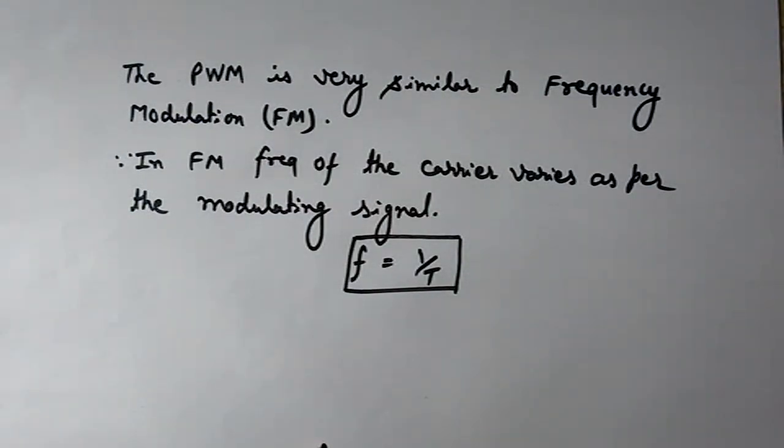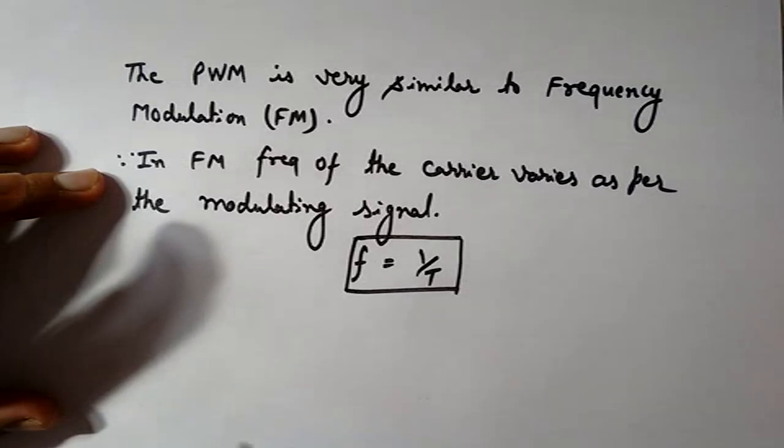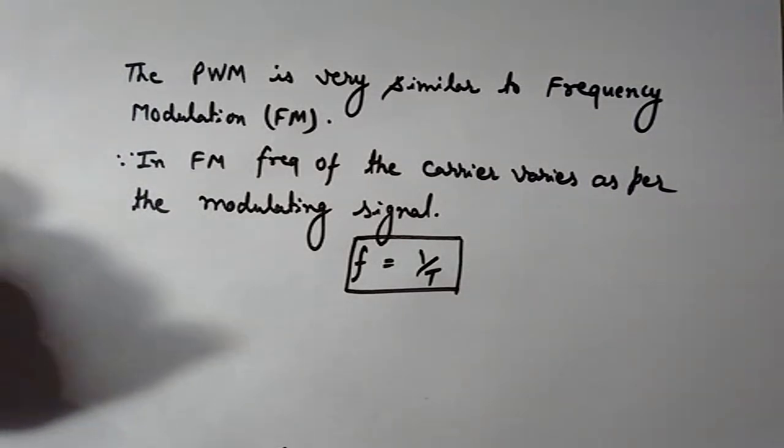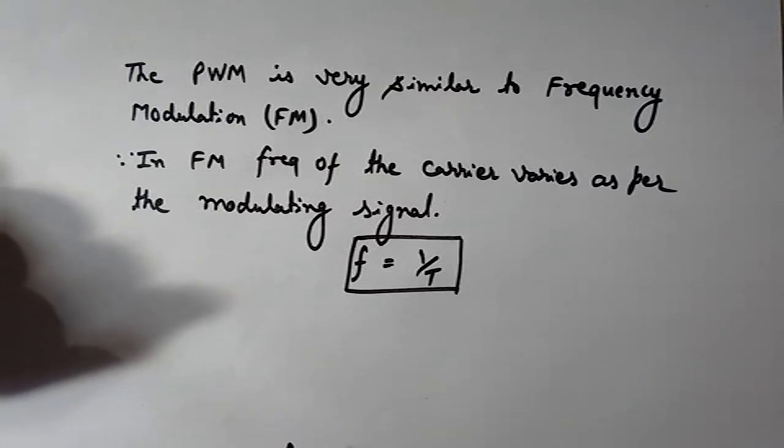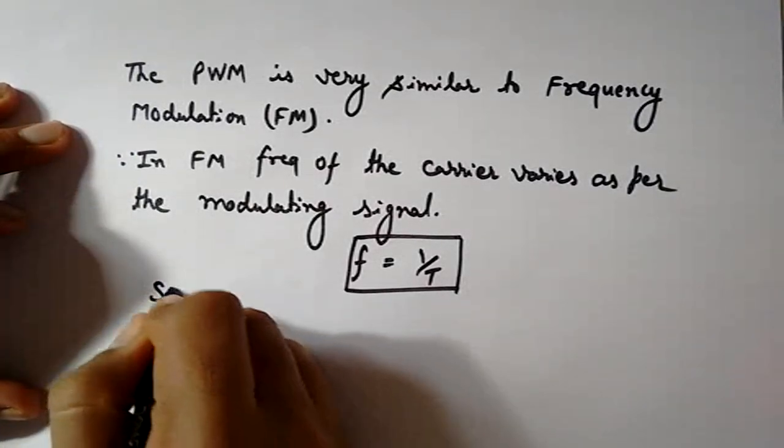So in the same way, in PWM the width, which is nothing but the time duration of the pulse, varies according to the modulating signal.